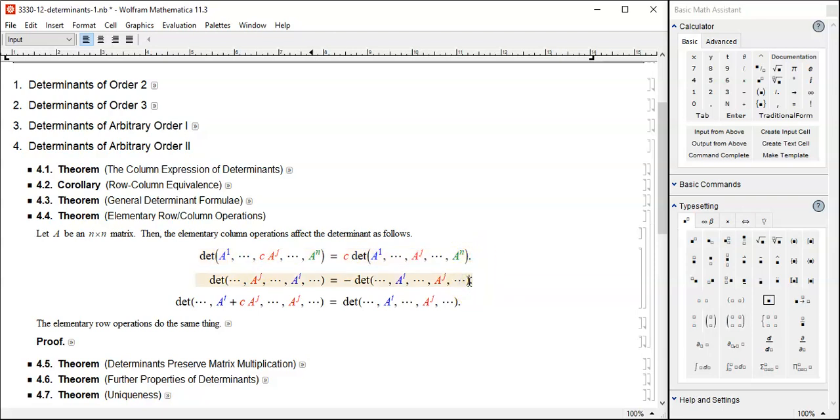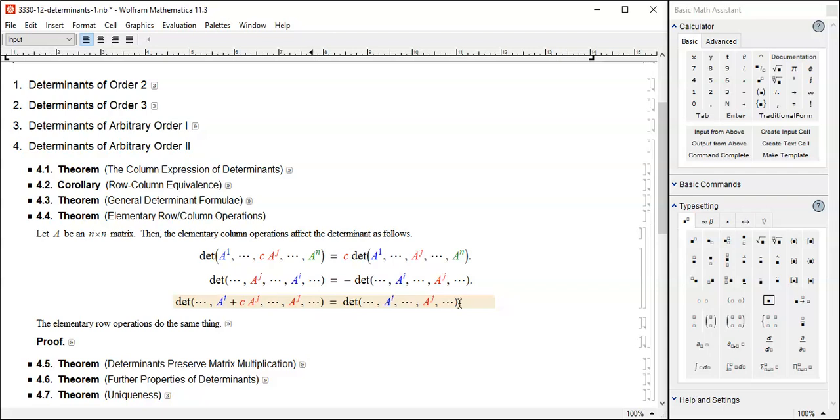Now, if you switch two columns, then you have negative determinant. That comes from the alternating property. Finally, the third, if you multiply a certain constant to a certain column and then add it to another column, then no change to the determinant.